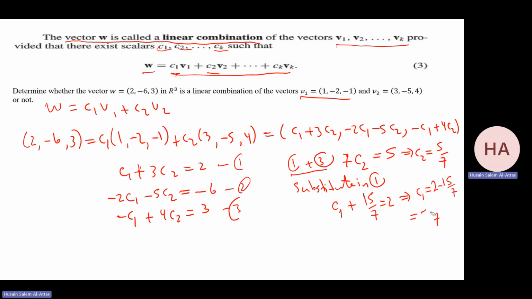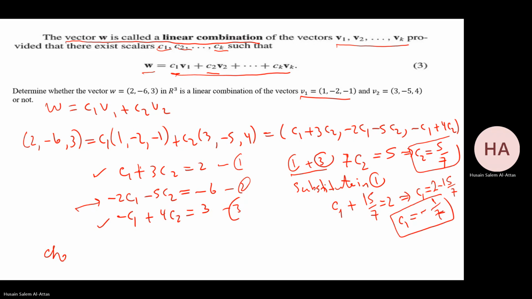Okay, but now I want this C1 and this C2 to satisfy all of these 3 equations. Actually, I worked only with the first and the third. Will that satisfy the second or not? Let us check. I have 2 over 7 minus 25 over 7.